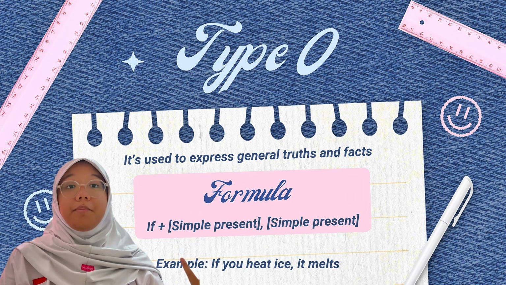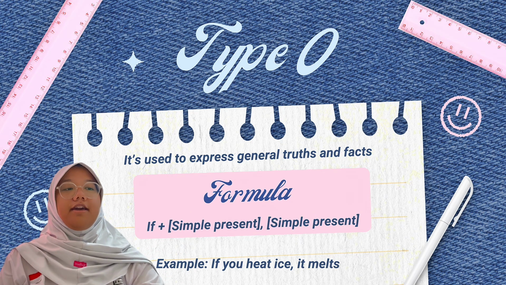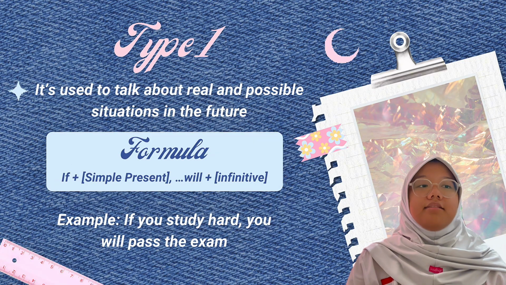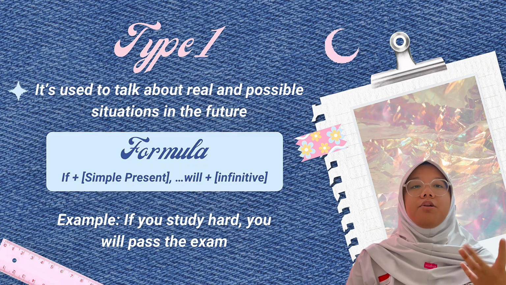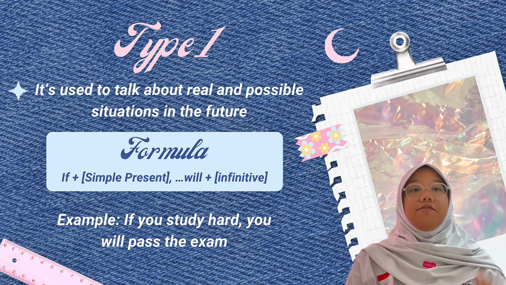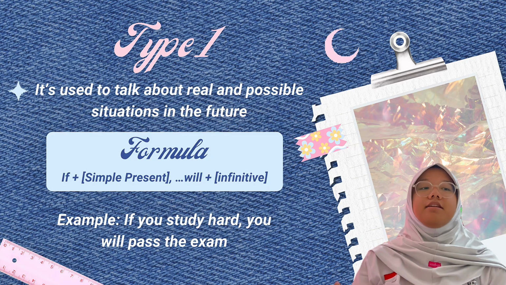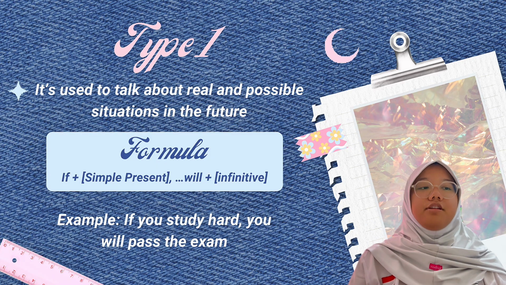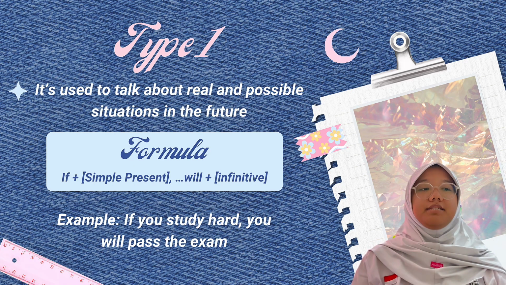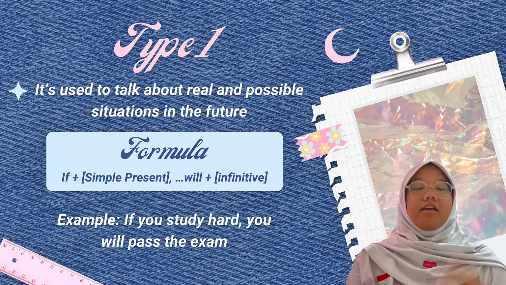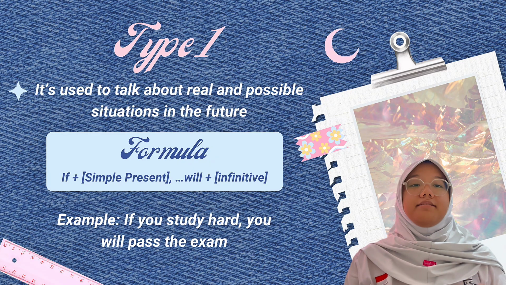Okay, the second is type 1. Type 1 is used to talk about real and possible situations in the future. The formula for the condition is if plus simple present, and for the result we use will plus infinitive. For example, if you study hard, you will pass the exam.